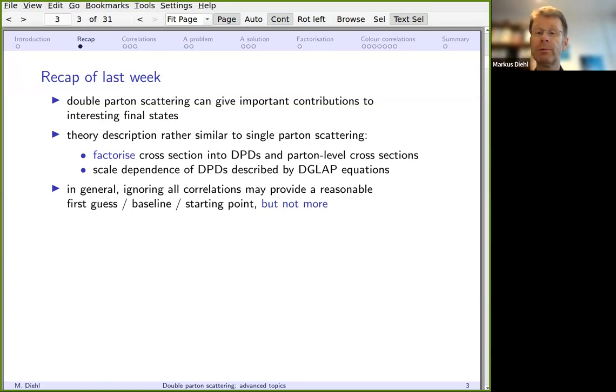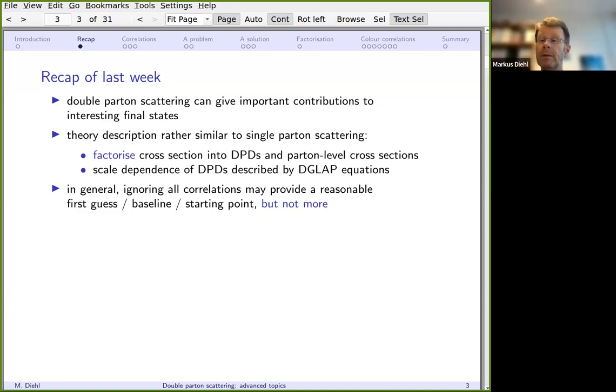That's of great practical value, because we can recycle many non-trivial theory achievements in this double parton scattering game. The scale dependence of double parton distributions, as I presented it last time, is again a very obvious analog of the DGLAP equations for single parton distributions. We'll see today where that becomes modified, but we're not there yet.